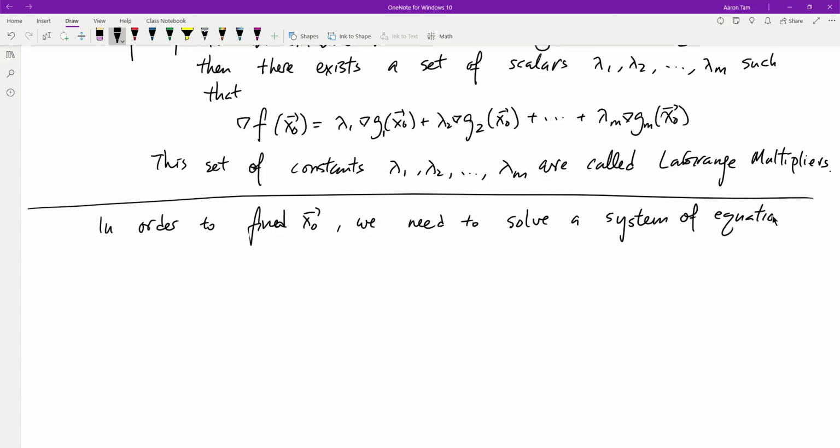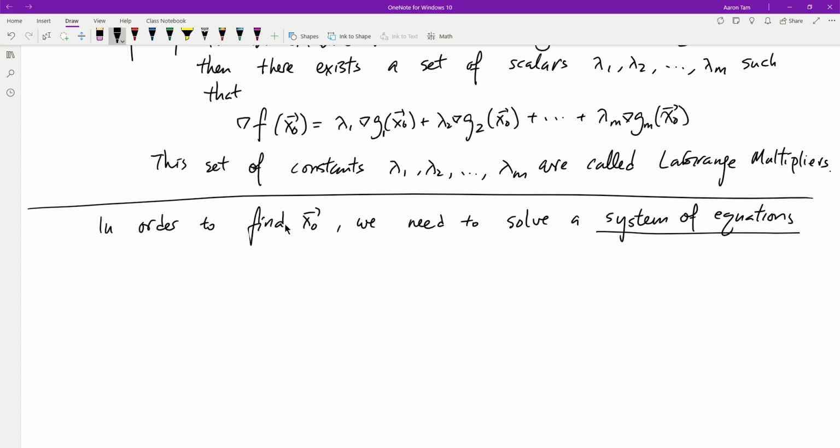Now, this is where it gets difficult, because this system of equations in some cases could be a linear system, which we know how to deal with since we learned it in chapter 2. The problem is, in some cases, or actually very likely, it's not going to be a linear system, and therefore it actually becomes something extremely hard to do.